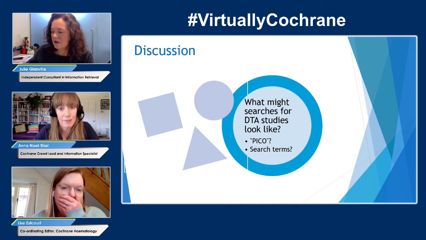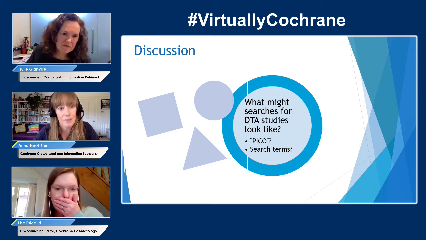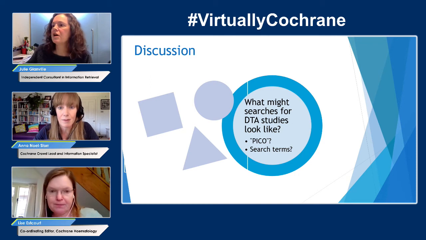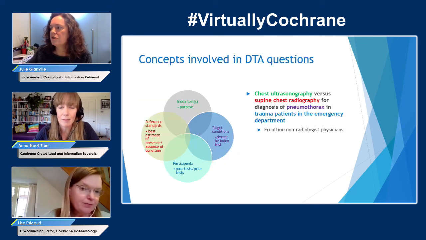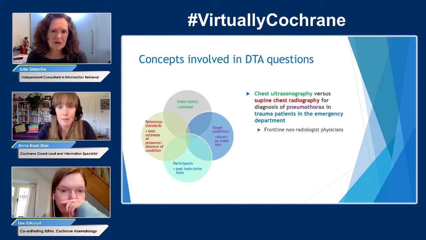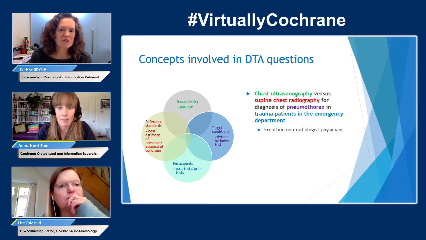Thank you. So at this point, thanks very much for all those observations and questions. I'm going to move on just to summarise some of the key points. This is the way that the Cochrane Handbook specifies that you would think about the concepts involved in DTA questions. So it's very much as you've been mentioning already.